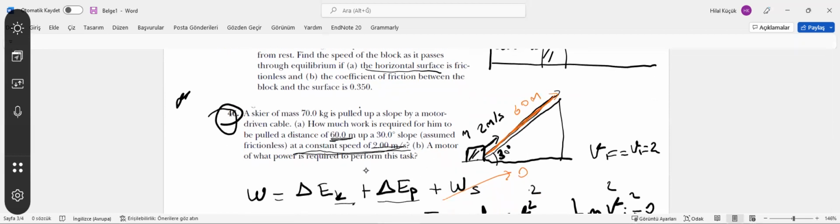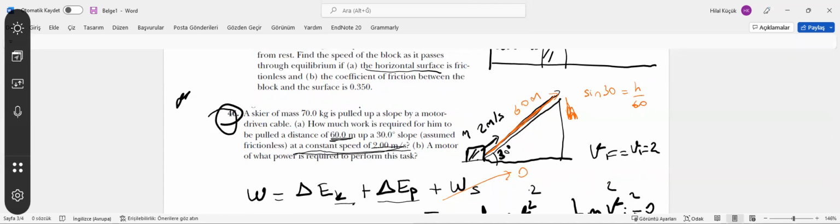But to calculate potential energy, I need to find the height, the elevation. How can I find elevation? Using this one. I know the angle. If I use the angle, sin 30 will be h over 60. I don't remember the sin 30. Is it 0.5?